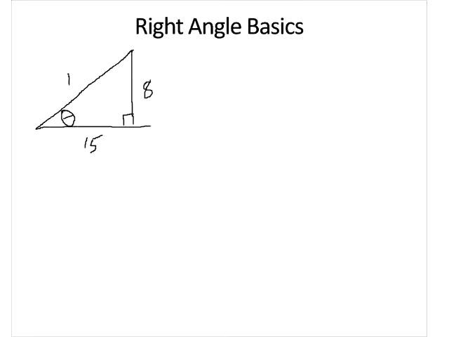And the hypotenuse then turns out to be a 17. So let's start looking at these things. So the sine of theta is always going to be the opposite over the hypotenuse. That's 8 over 17. Cosine of theta is going to be the adjacent side, 15, over the hypotenuse, 17.